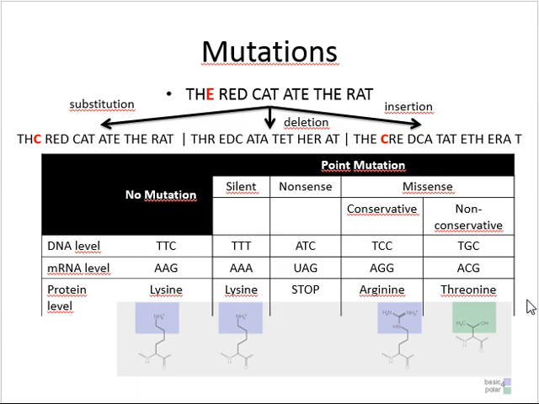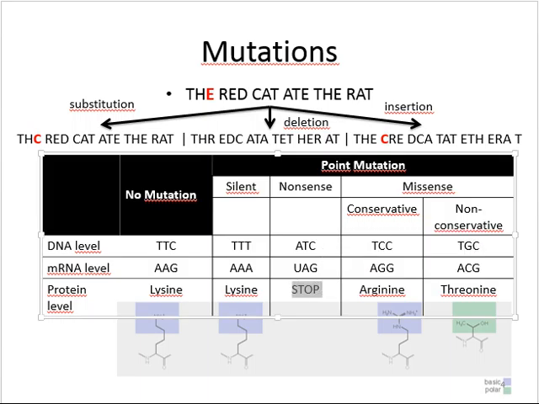If you change to a threonine that instead of being basic is a polar amino acid, then you have a big change. The most aggressive change is to cause the frame shift based on insertion and deletion, or substitutions that cause the appearance of a stop codon.